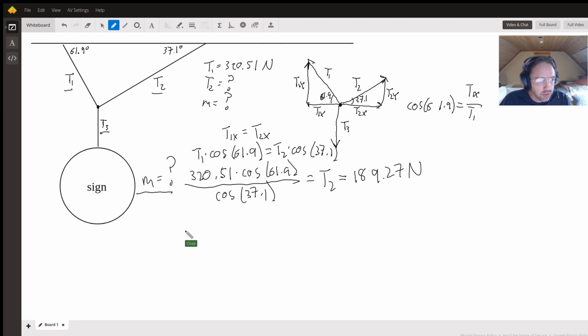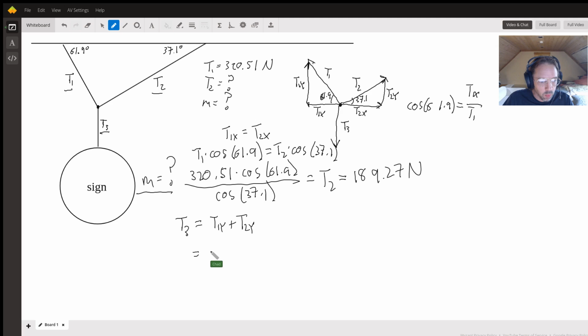So similar idea, however hard T3 is pulling down must be equal to how hard T1y and T2y are pulling up. So we know that T3 is equal to T1y plus T2y. And the y values are going to be equal to the sine of the angle times the force, just like the x values were the cosine of the angle times the force.